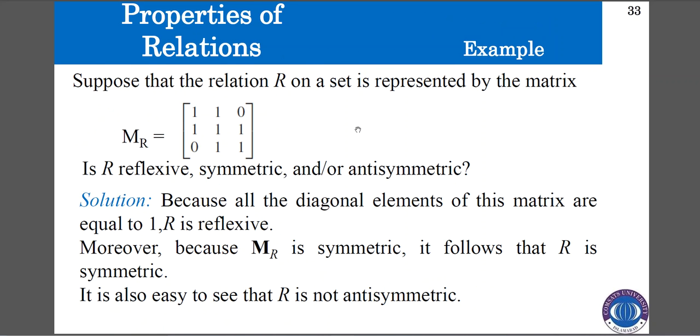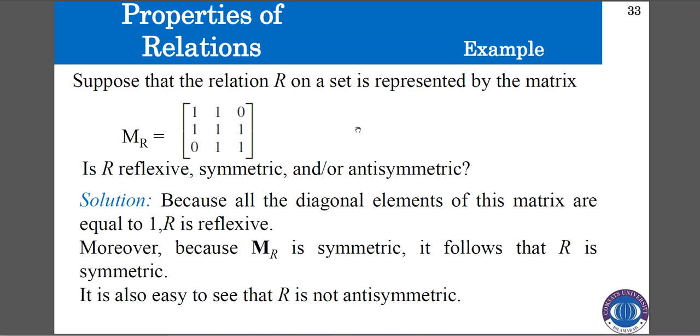Example: suppose that the relation R on a set is represented by the matrix MR. Is it reflexive, symmetric or antisymmetric? Solution: because all diagonal entries of this matrix are equal to 1, R is reflexive. Moreover, because MR is symmetric, it follows that R is symmetric.